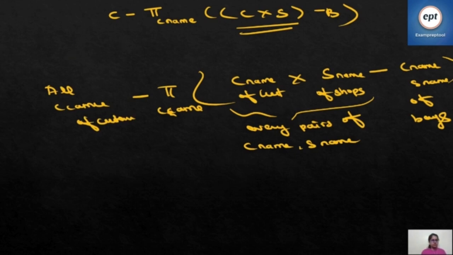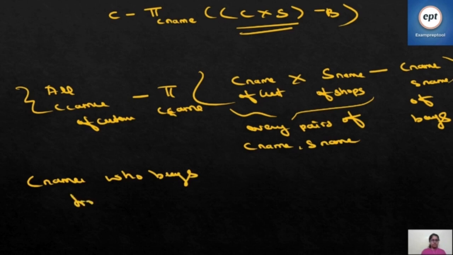So from this we can conclude that we will get the C names who buy from all shops.